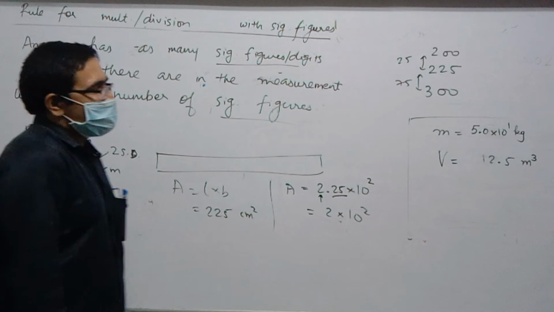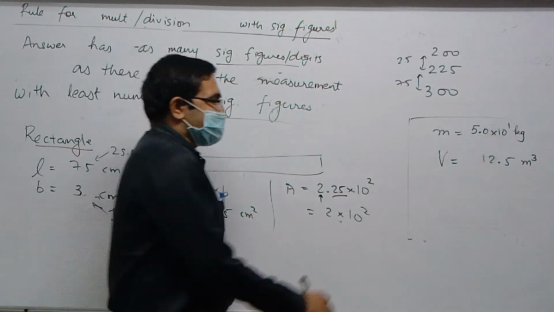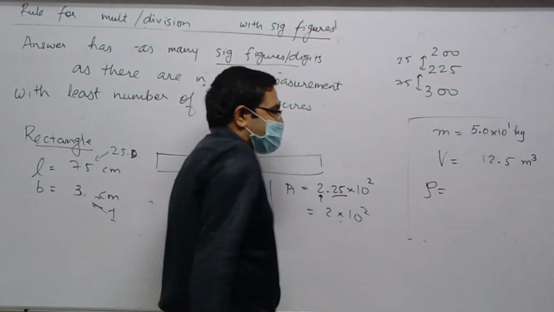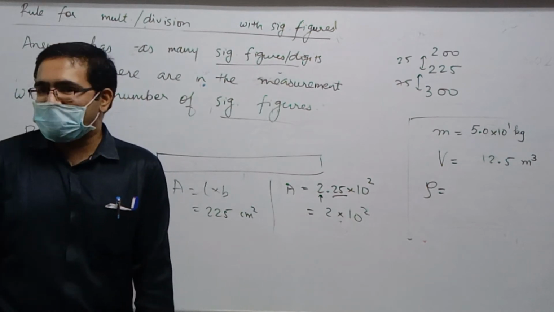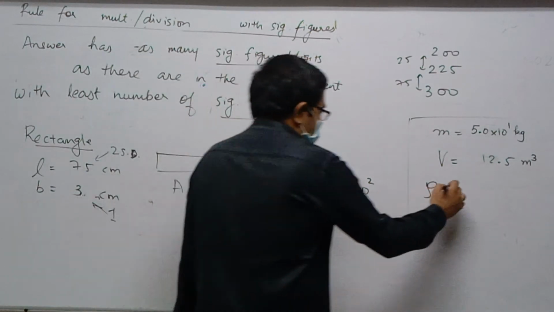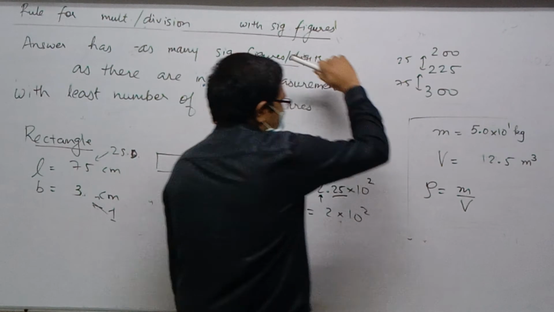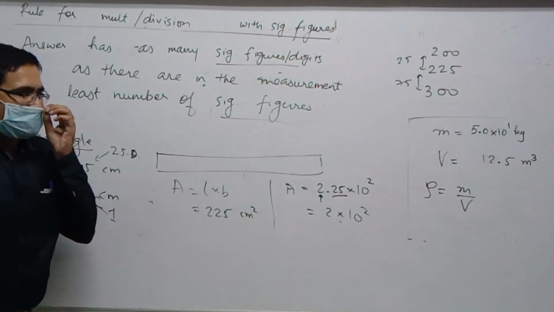Now I want to find the density of this object. How do you find density? Density means mass upon volume. Do that. Come on, divide, but follow the rules properly.